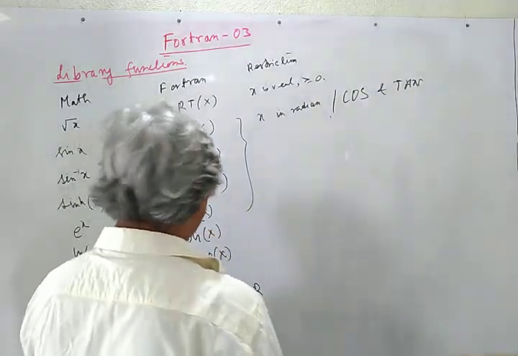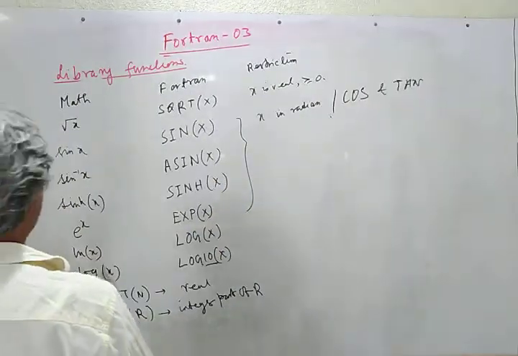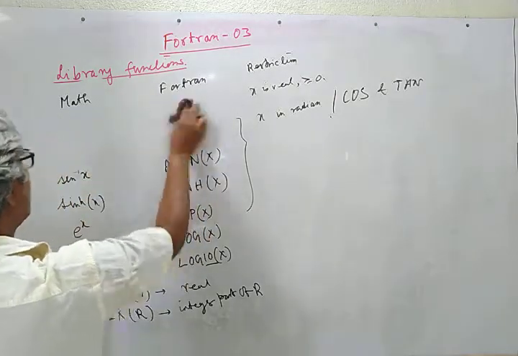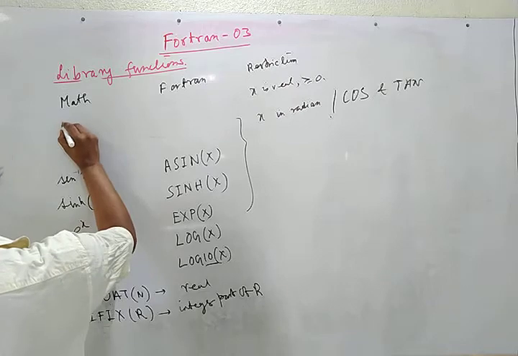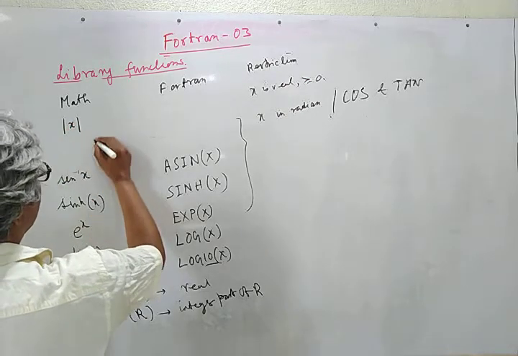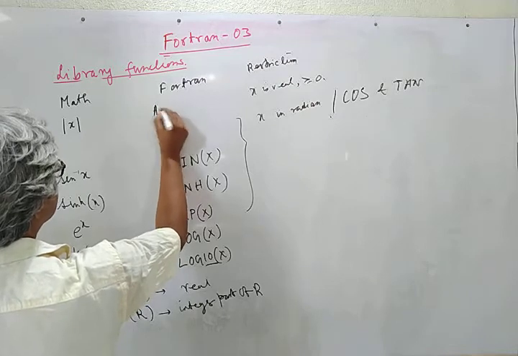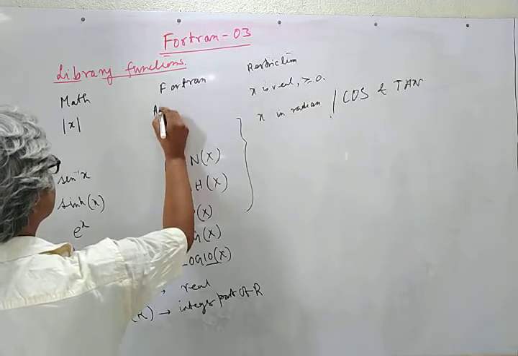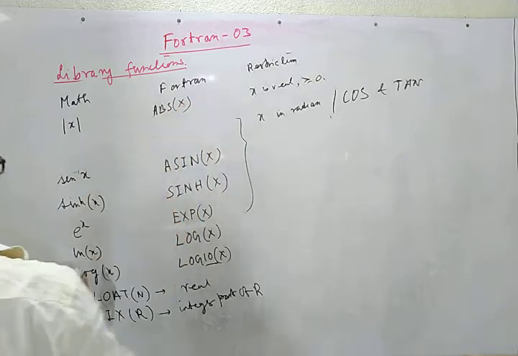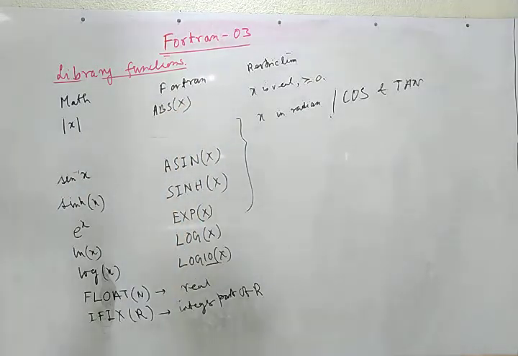Another thing that is very important is the absolute value of x. In the earlier class we have learned how to make a program for absolute value. It is simply ABS of x. It will give you the absolute value.